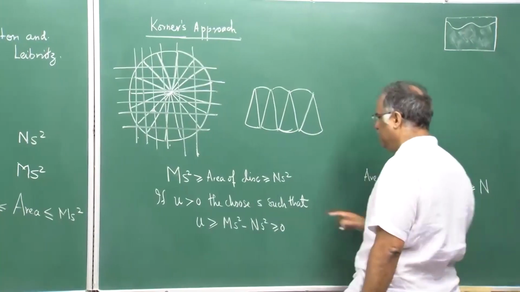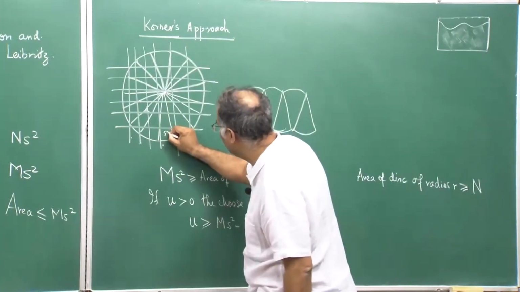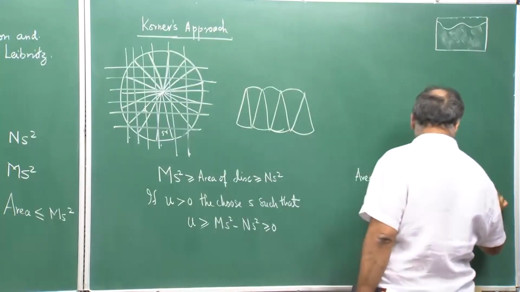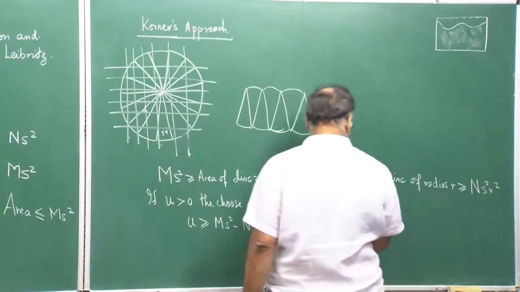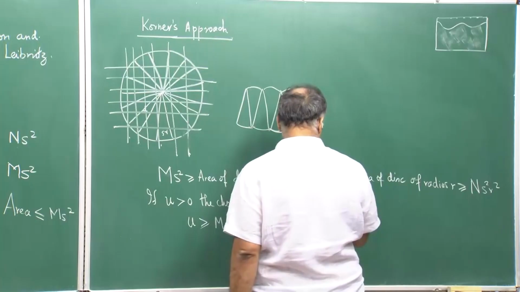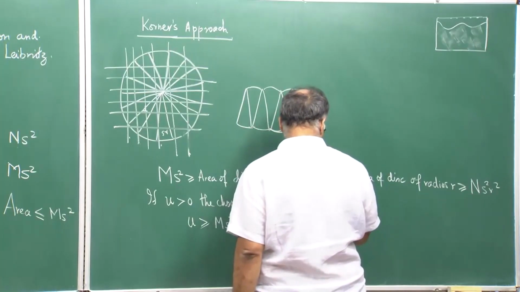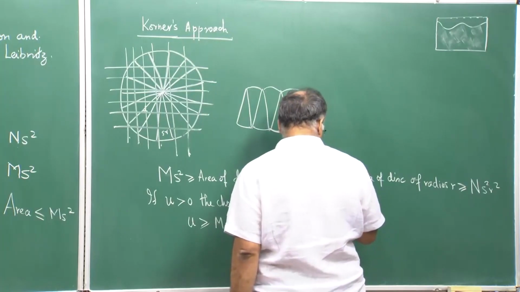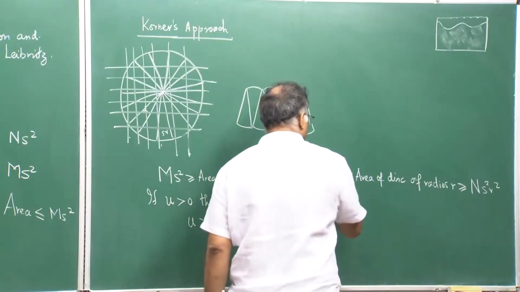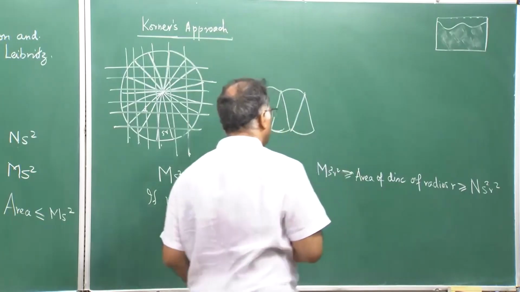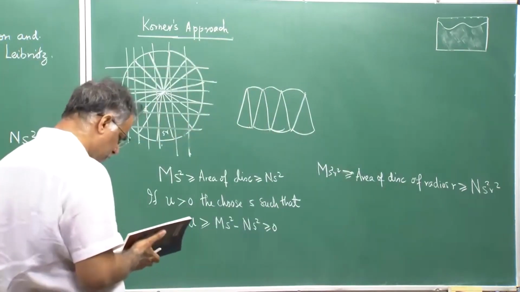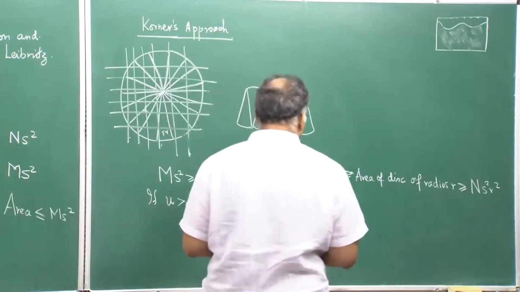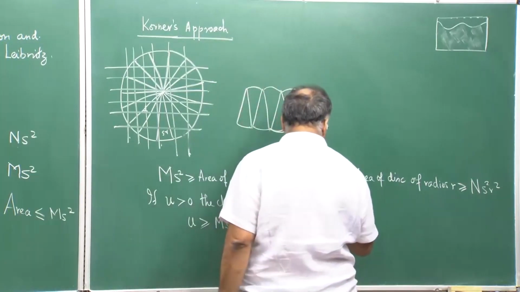It is n, now sr is the size, so sr into sr, s square r square. So this inequality continues to hold, and of course, from here you will find u r square.